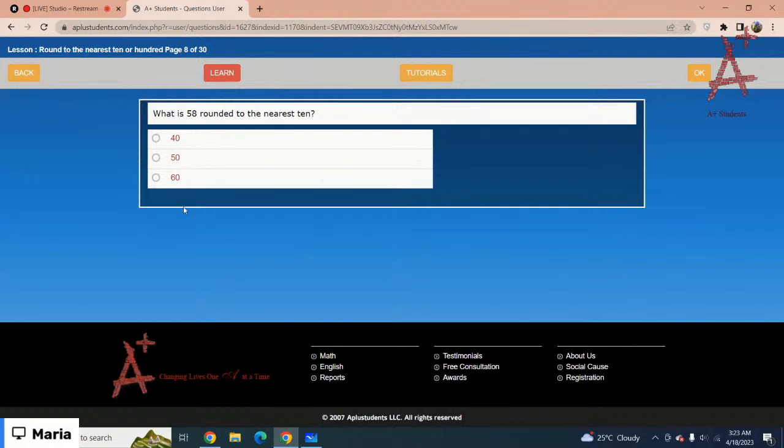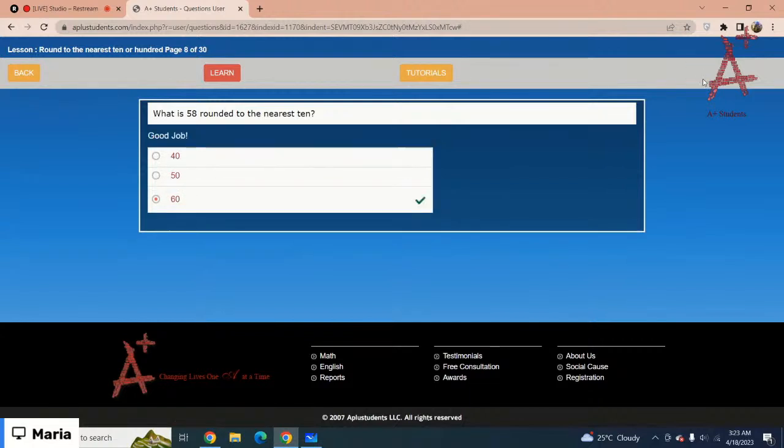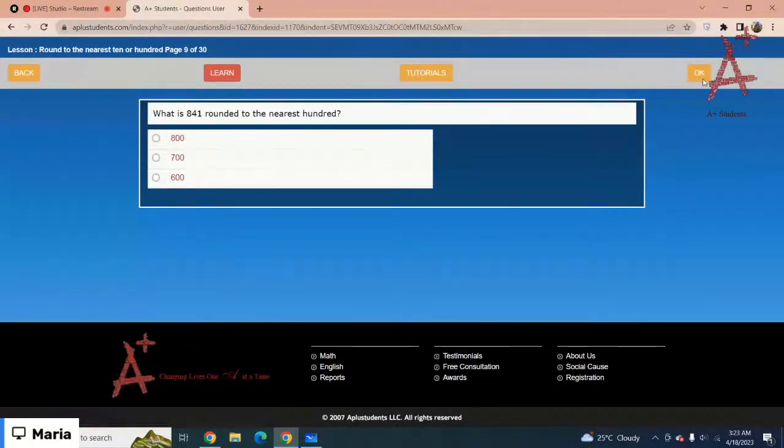It would be rounded off to 60. Got it? What is 841 rounded to the nearest 100?